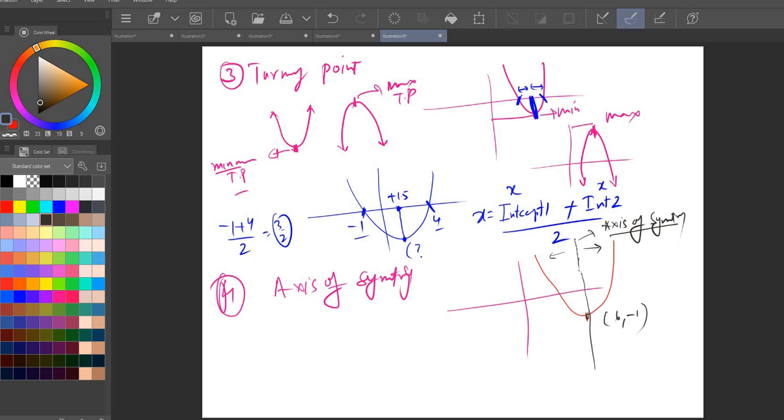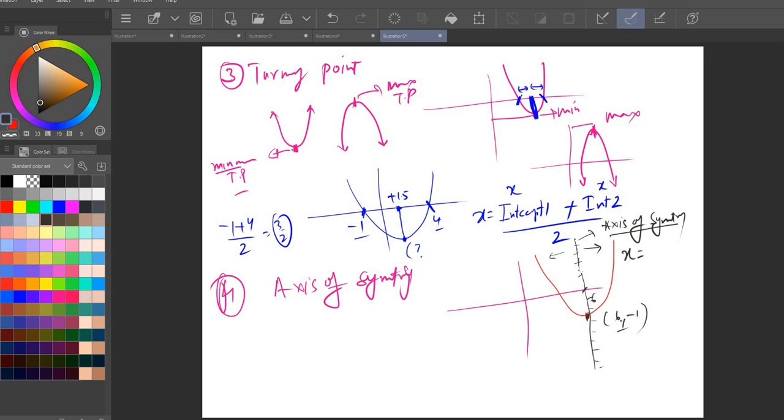So what value of x is constant here? This line, 6, right? You go anywhere on the graph, your y is changing, but not your x. And hence, the equation for the axis of symmetry is always x equal to something.